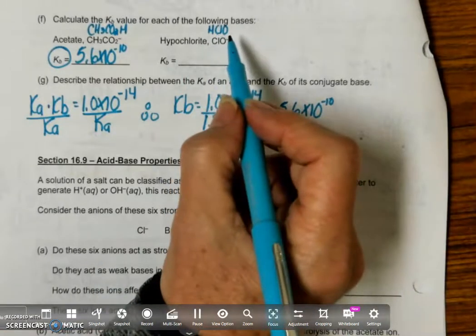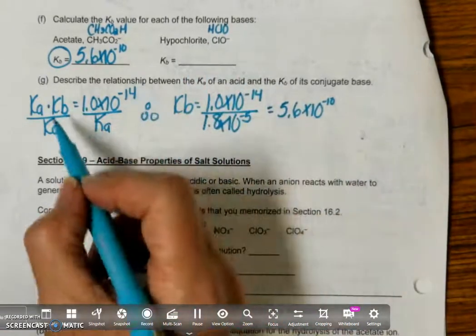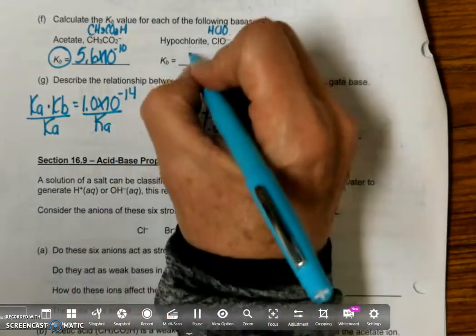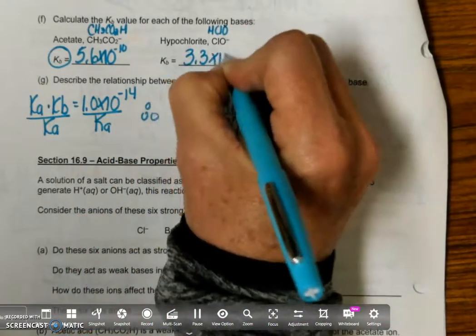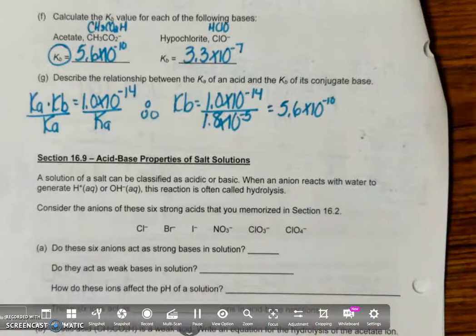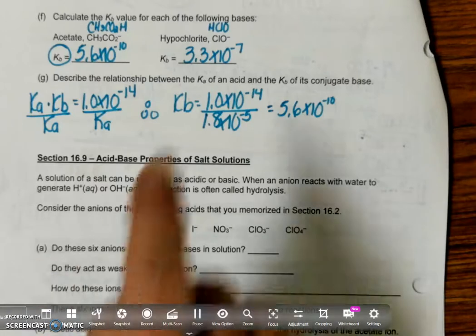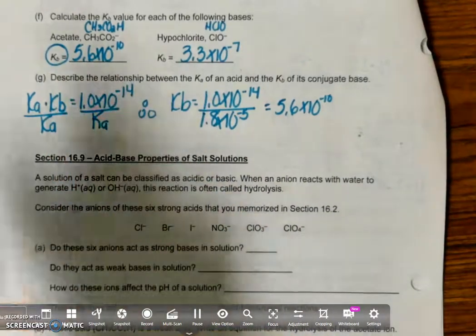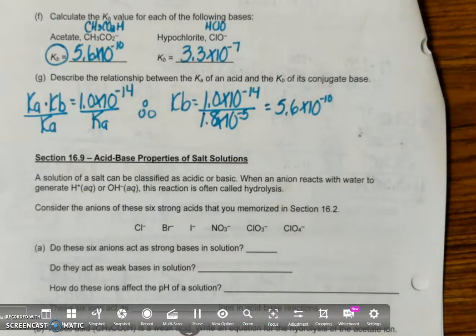I can then calculate the Kb by plugging that into here, and if I do that, I get 3.3 times 10 to the minus 7. So you're going to have to start being really careful about whether you're given Ka or Kb. Make sure you look at your subscripts so that you know for sure what you're given. But either way, you can get to either of them through the other using the Kw.